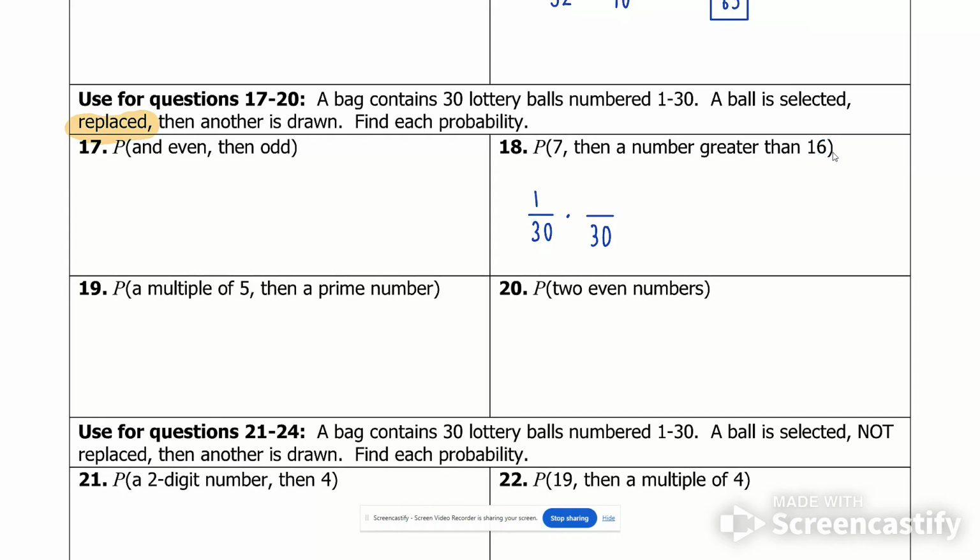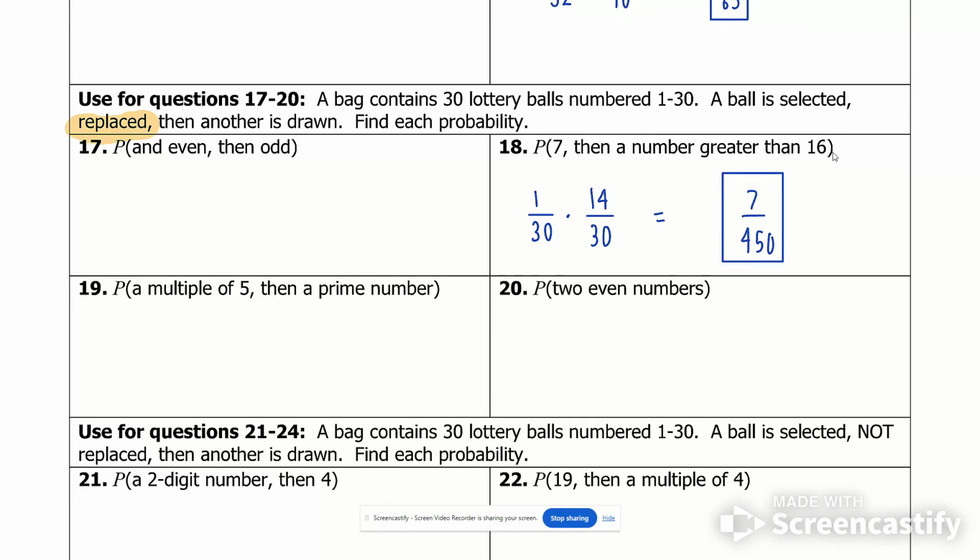So we count 17, 18, 19, 20, 21, 22, 23, 24, 25, 26, 27, 28, 29, 30. We include 14 numbers, if you were counting with me. So it's 1 over 30 times 14 over 30. And that, if you type in your calculator, will reduce to 7 over 450.